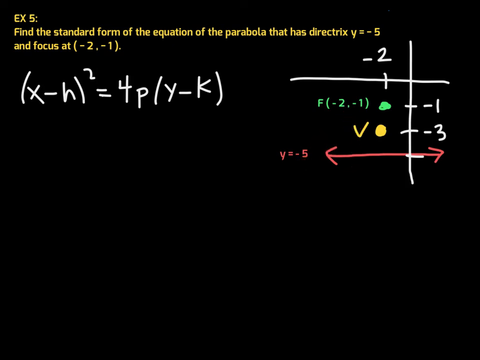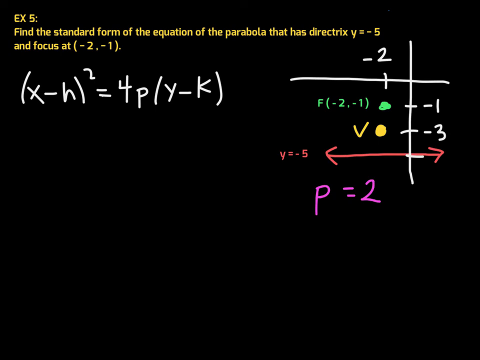You can also determine this. Between the directrix and the focus is 4 units. In order to go from the focus down to the directrix, that's 4 units altogether. That must mean that right in the middle would be 2 units. So this tells me right now that p must be equal to 2.